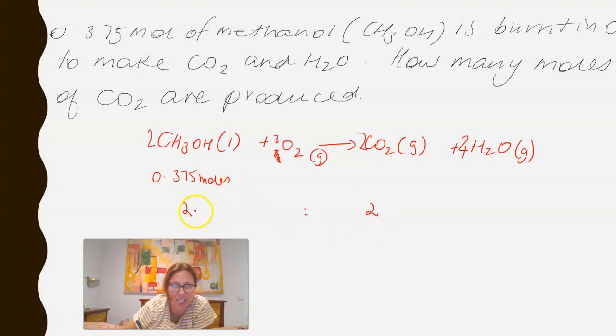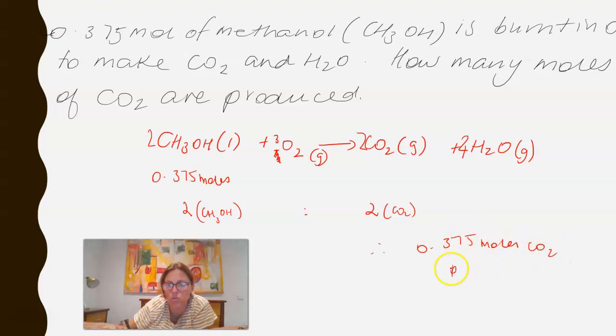So again, I tend to go, 2 moles of CH3OH to 2 moles of CO2. So therefore, I could say 0.375 moles of CO2 produced. Don't just write 0.375 moles. Tell them again of what's being produced.